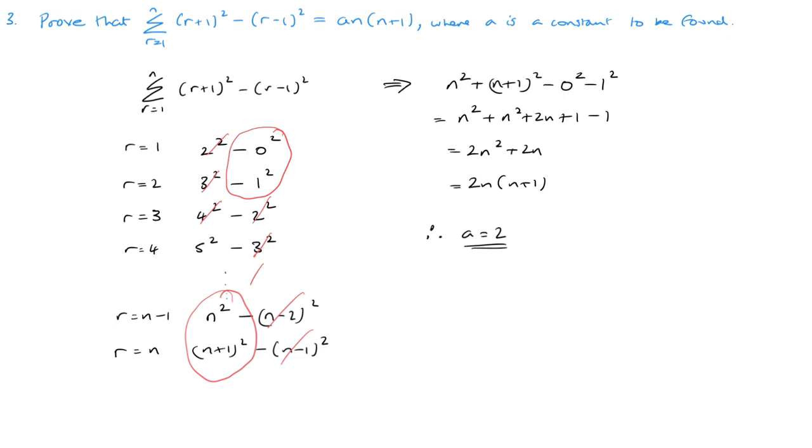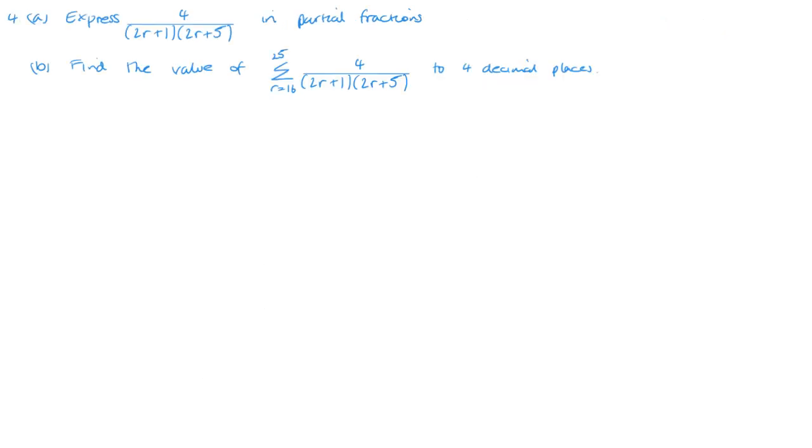So exactly the same outcome there, whichever way you do it. Okay, let's move on to the fourth and final question. So first part is partial fractions. So that's a over 2r plus 1 plus b over 2r plus 5.